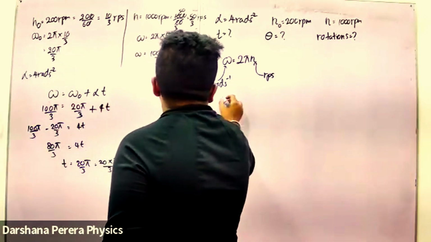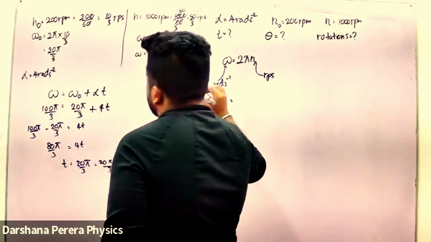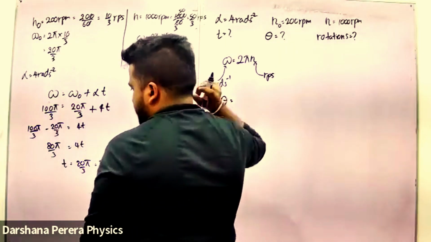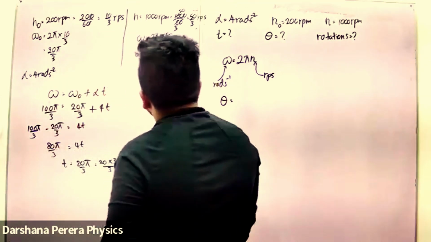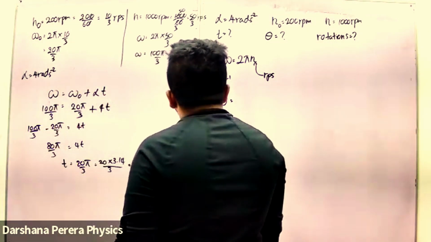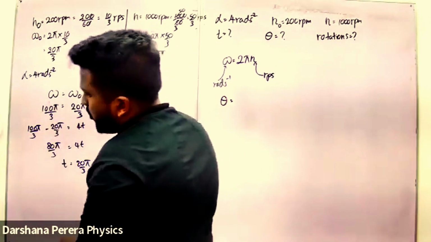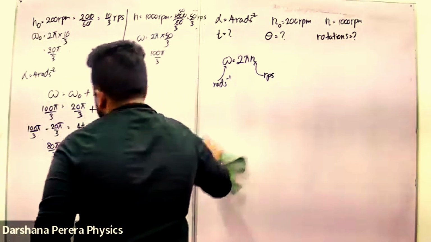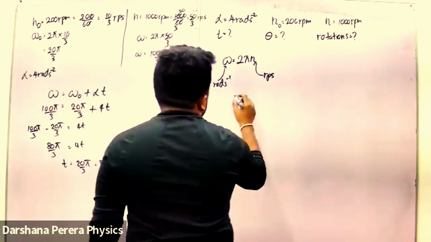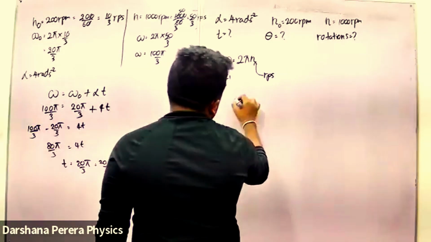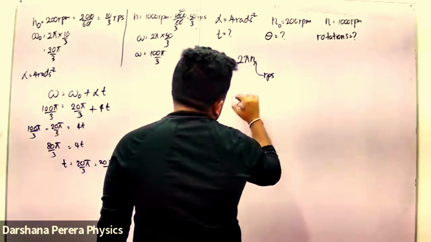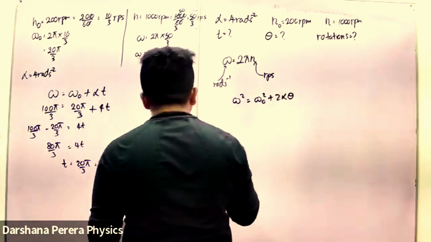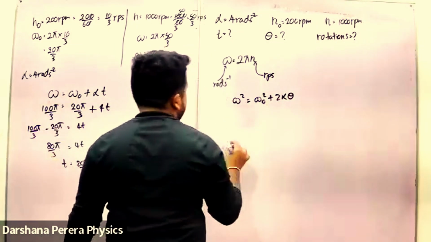Then we have to find the rotation, theta. How can we find theta? If you know the time, we can simply substitute, or we can use omega square equals omega naught square plus 2 alpha theta, like v square equals u square plus 2as.